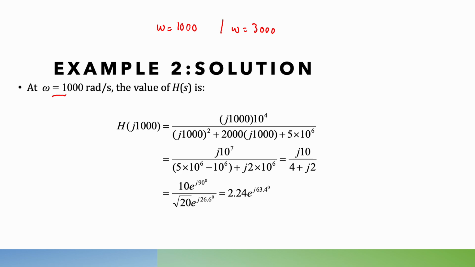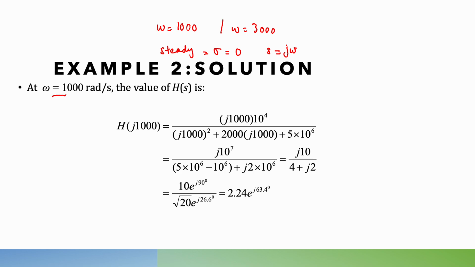Since they didn't mention the state of the network, we assume that the network is in steady state, meaning that your sigma is equal to 0, and therefore your S is straight away equal to j omega.